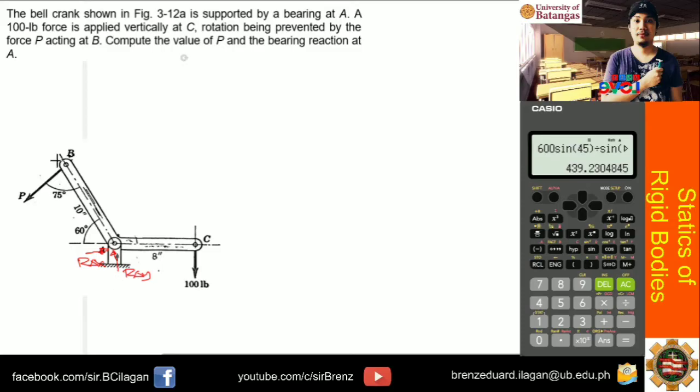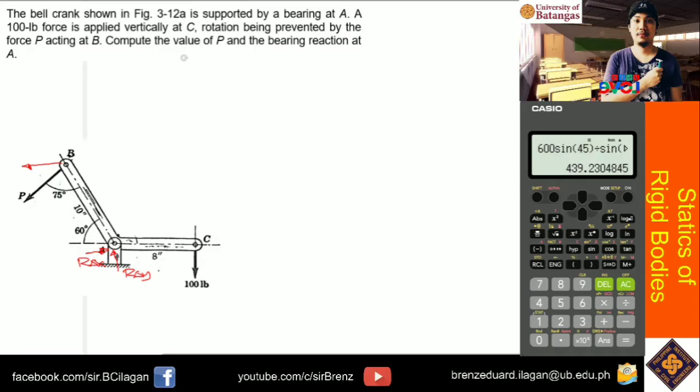So in order to counteract those downward forces, you will have at point A, the reaction at point A, upward, to catch the two downward forces. And then here, this force P will produce a force to the left. So in order to counteract that left force, your reaction needs to be to the right. Okay?